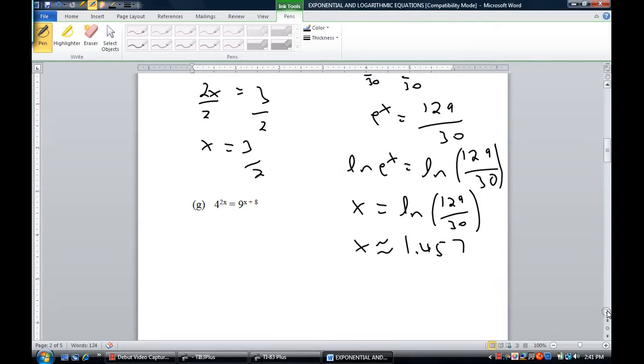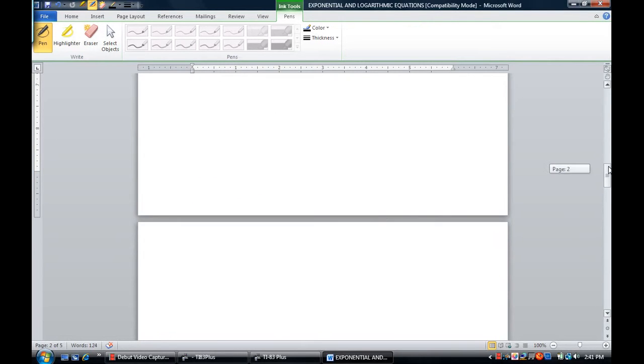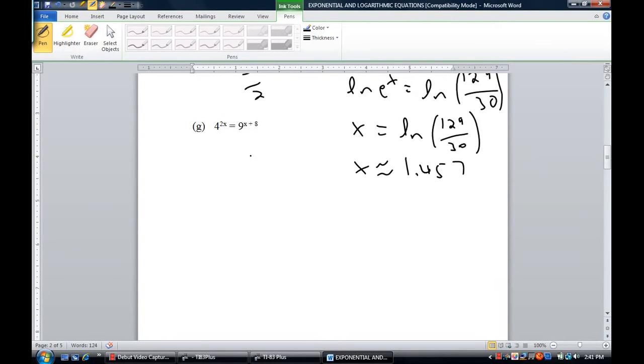Now this last one is not going to be any fun at all. Just a warning. This will not be any fun. What I'm going to do, I take a breath. It's going to take a lot of work. I'm going to take the natural log of both sides. That just means I'm going to write a natural log in front of both sides. Then I'm going to move the exponents out in front.